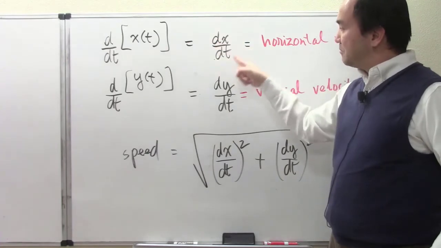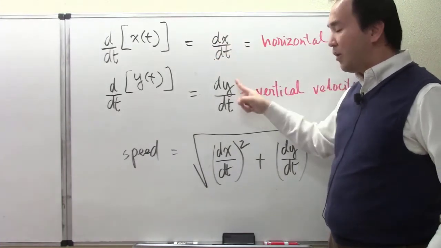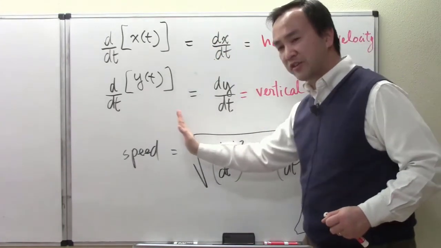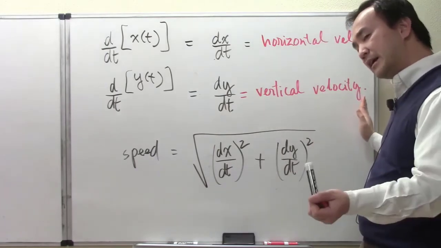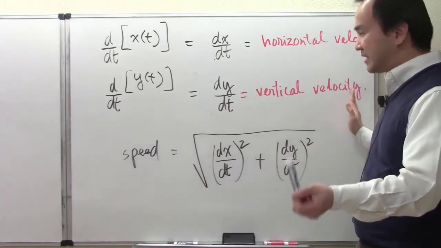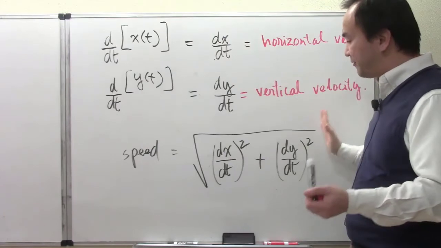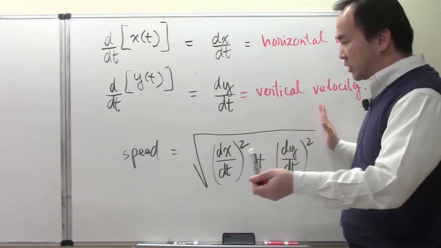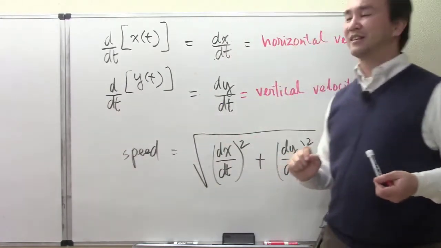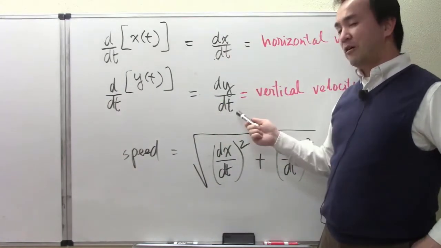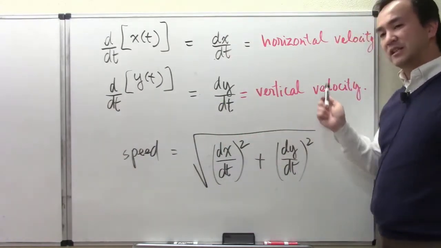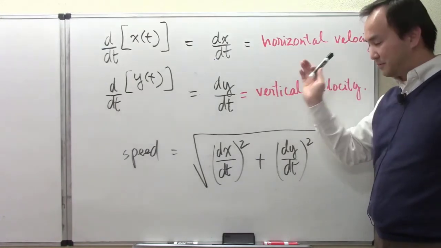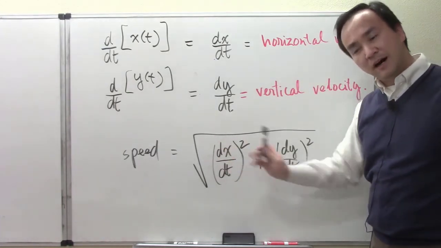Whereas, be careful with the dx/dt and dy/dt here. If we set the direction going to the right-hand side as the positive direction, then sometimes dx/dt can be negative because we have a rate of change going in the opposite direction. So these velocities, dx/dt and dy/dt, can have negative signs, but speed will always be positive.